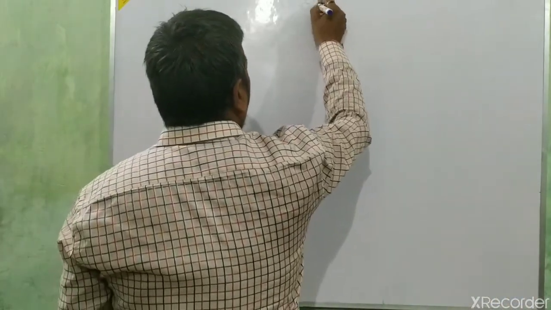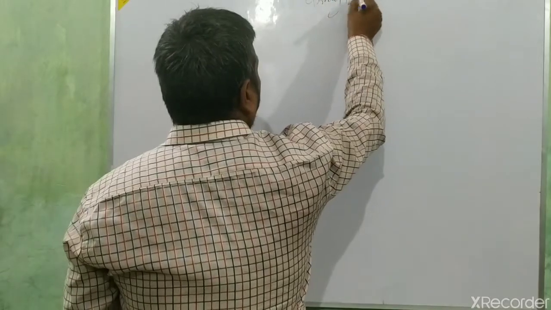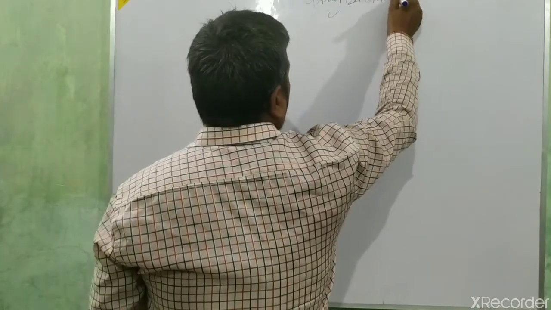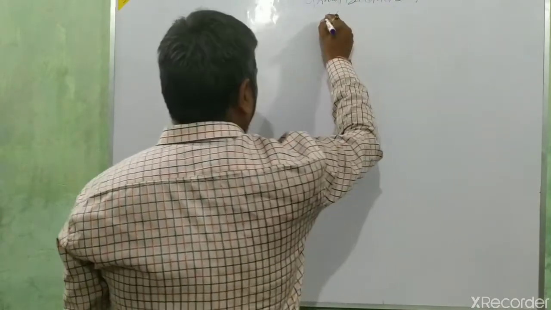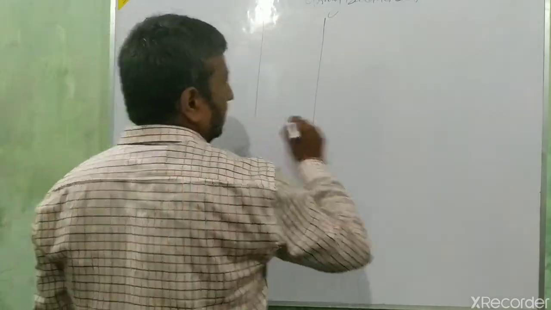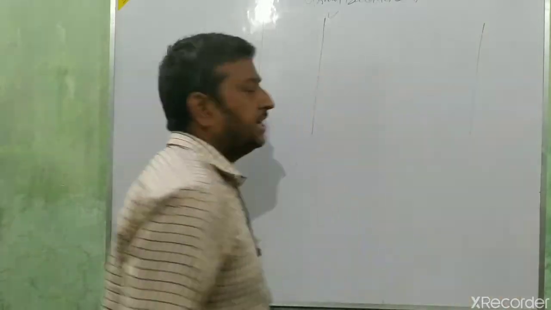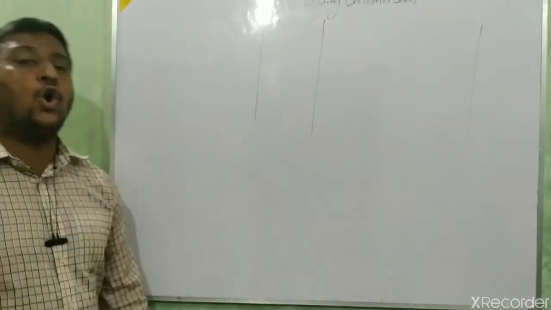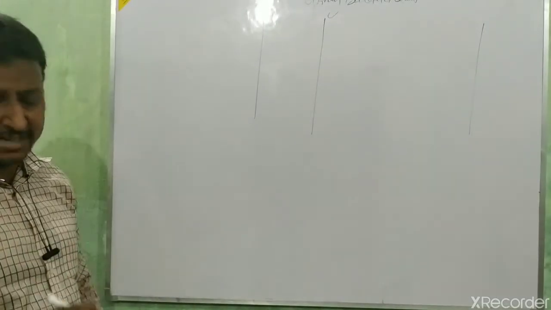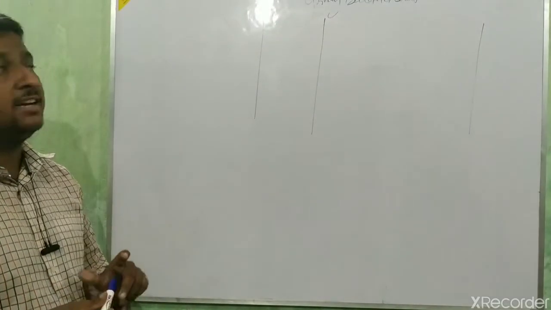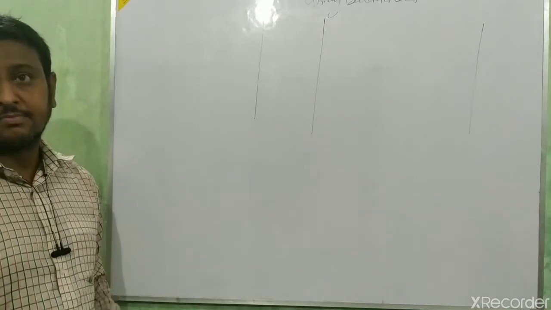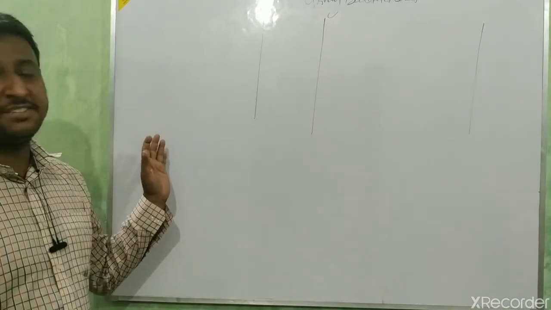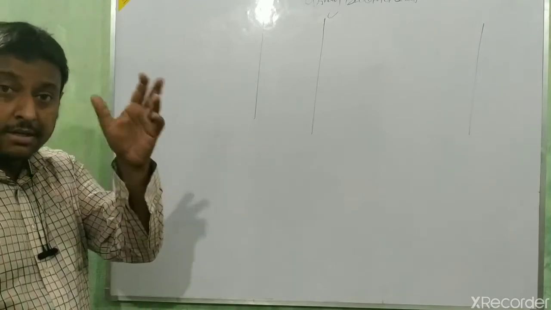Okay, go for the opening balance sheet. In this opening balance sheet, we are just presenting old year data, last year data, because we are going to calculate last year capital.